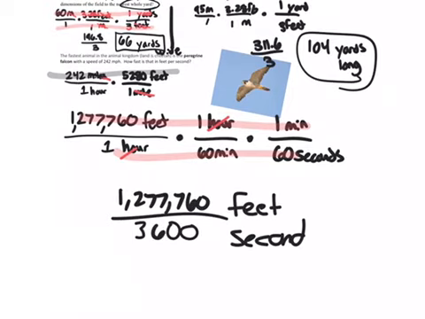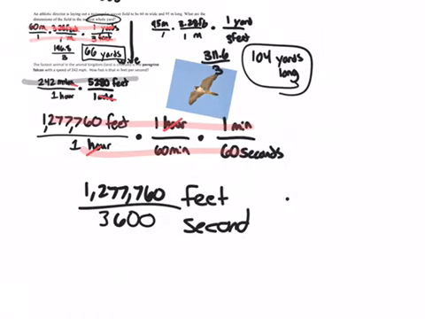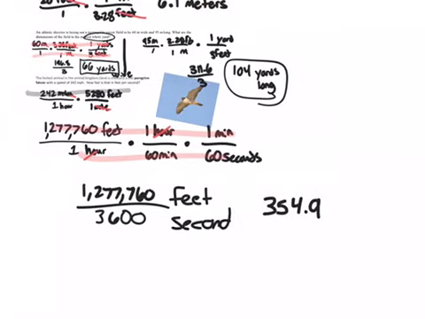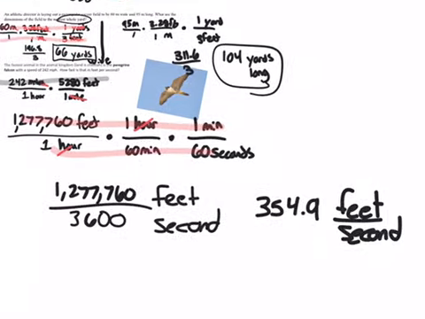And when we divide this out, we get 354.9 feet per second. All right, so that's very fast. So what that's saying is that peregrine falcon is 354 feet above the ground. It could close that distance all the way to the ground if it's dive bombing full speed. It can cover 354.9 feet per second.